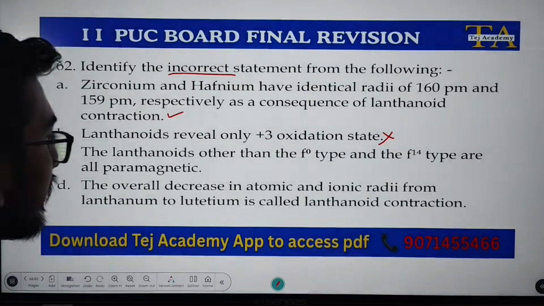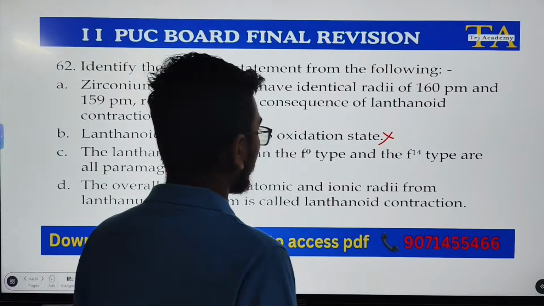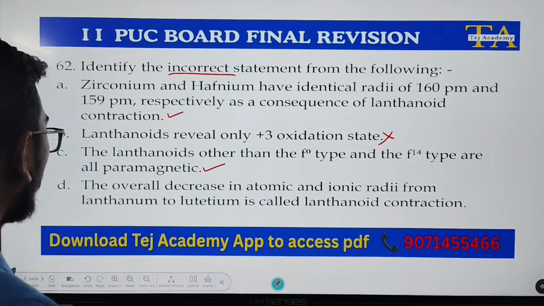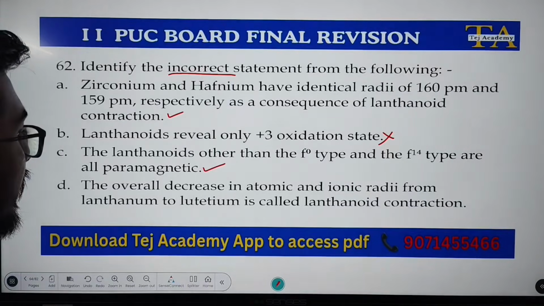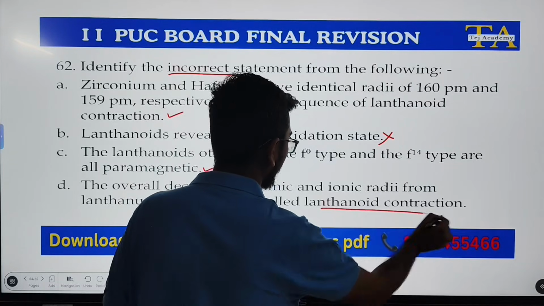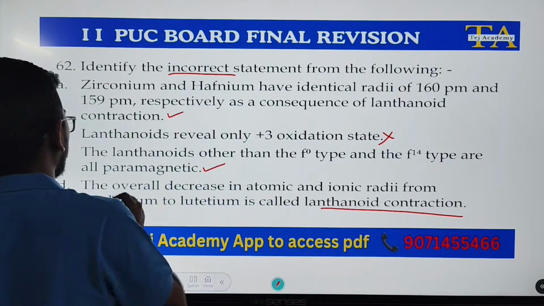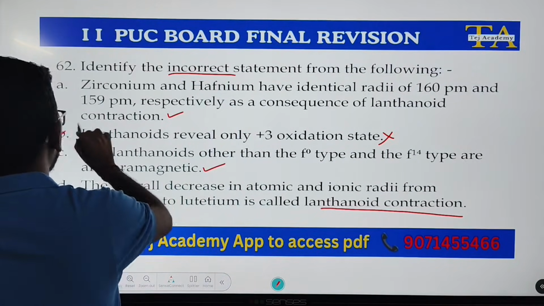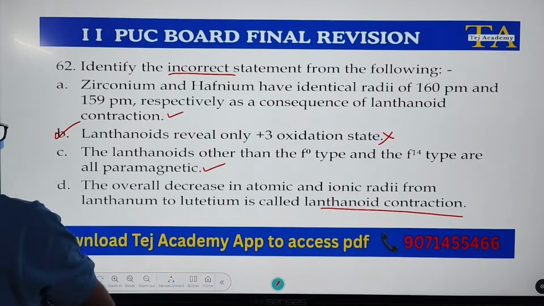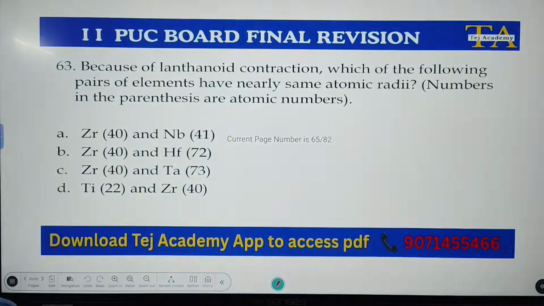The lanthanides other than the f0 type and the f14 type are all paramagnetic. Correct. The overall decrease in atomic and ionic radii from lanthanum to lutetium is called lanthanide contraction. Correct. So which option is wrong now? Option 2 is wrong. So for this question, option B is the right answer.